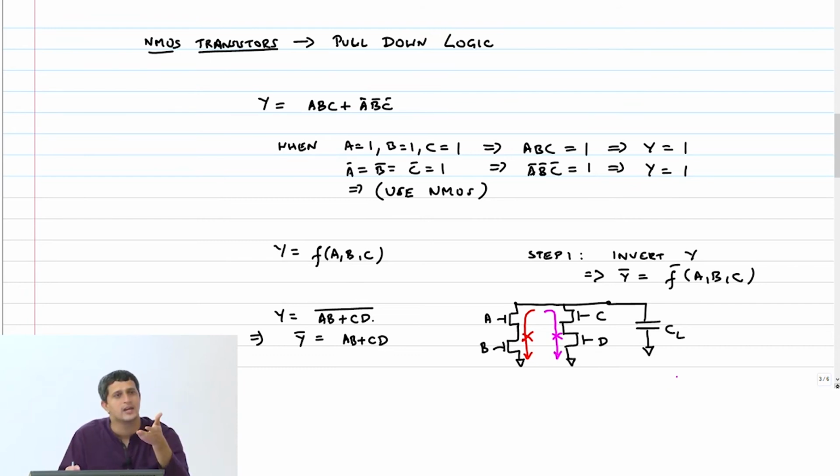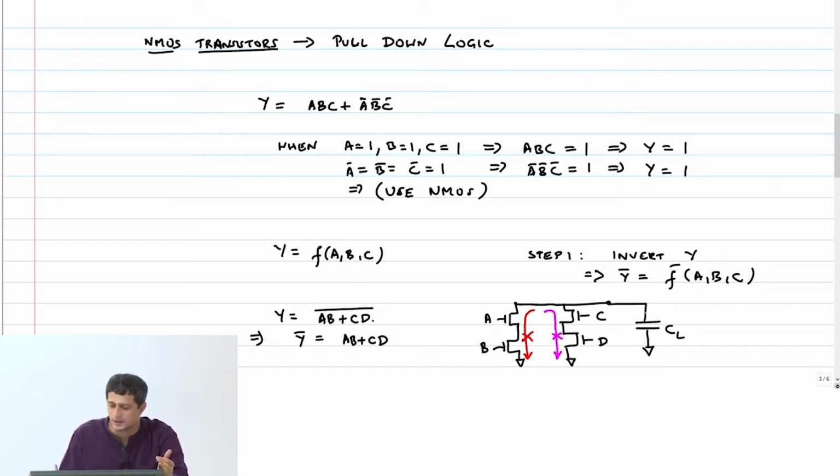Why? Because there is a very high impedance from the capacitor output to any of the rails. And therefore the capacitor voltage is supposed to hold its value there till infinity if there is no leakage current. Unfortunately, if A and B, for example, are connected to real transistors, then there is going to be subthreshold leakage.